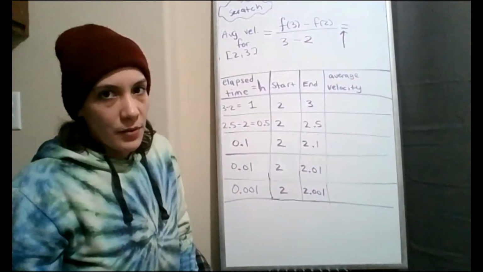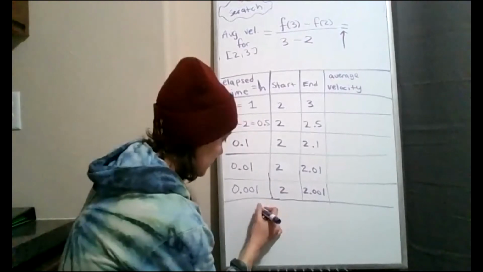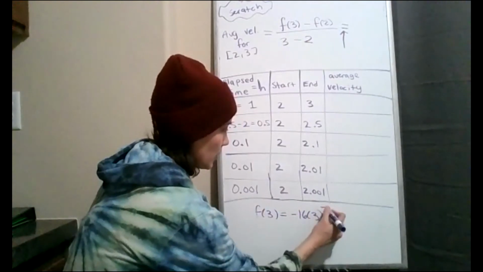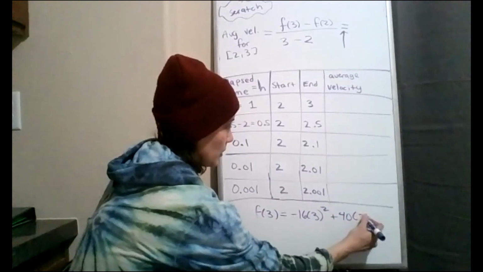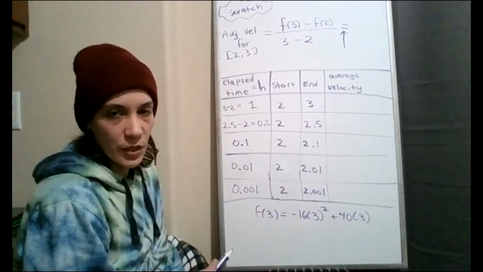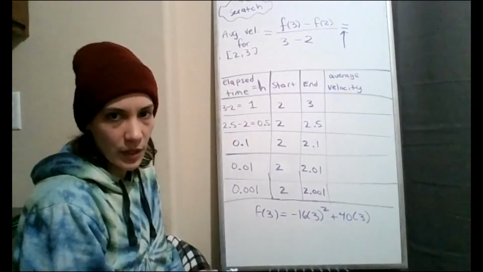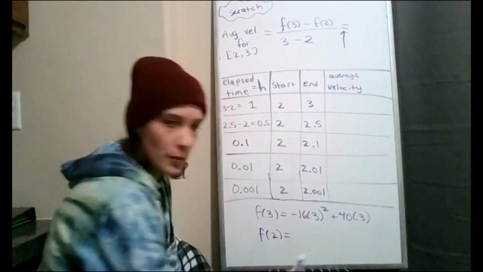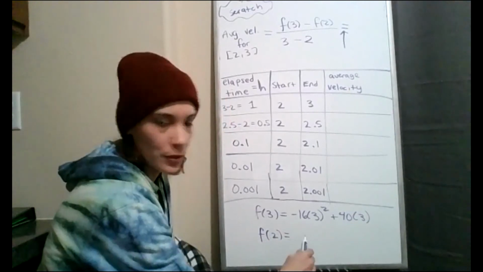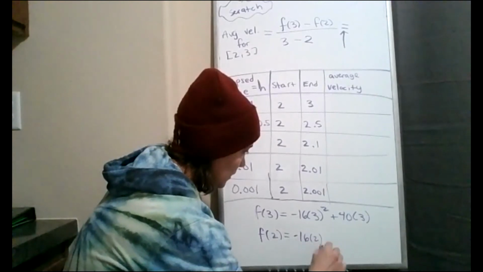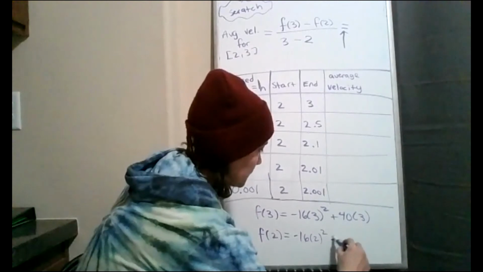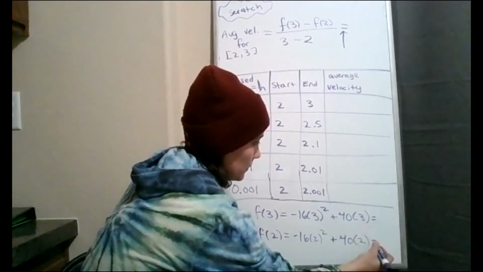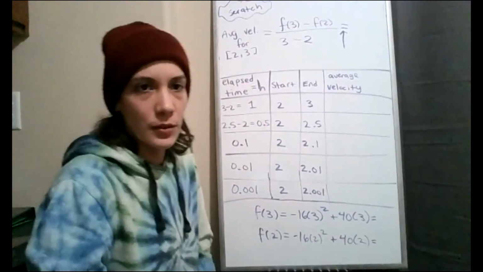We need f of 3: negative 16 times 3 squared, add 40 times 3. We also need f of 2, and we'll do this on the calculator. I just want to put all the scratch work down. So put 2 into the function: negative 16 times 2 squared, add 40 times 2. And we'll work that out together.